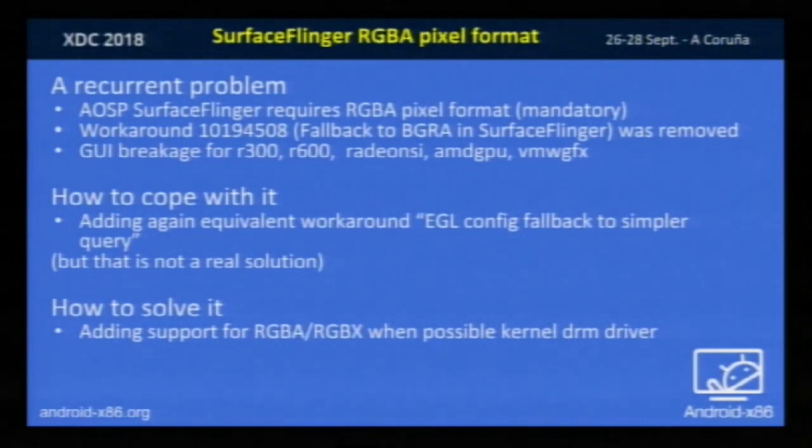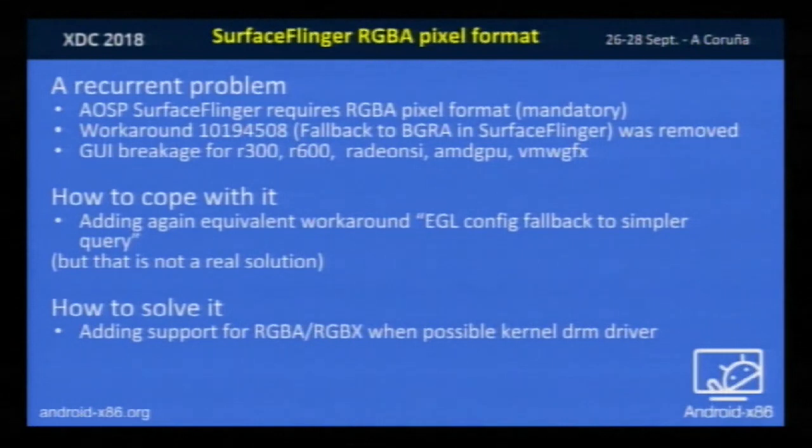So I will be very quick on this. On AOSP, basically the RGBA pixel format is the rule. And in the past there were some chipsets requiring BGRA, also in the embedded world. And basically there was a workaround with this label, which was the fallback to BGRA in SurfaceFlinger, but then at some point it was removed.